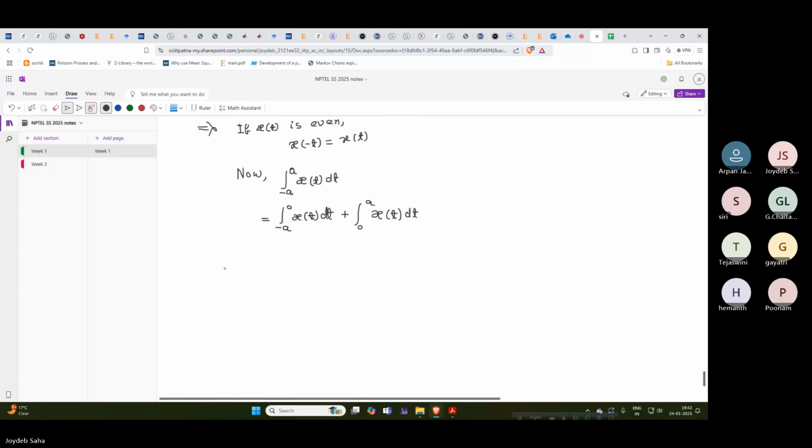Okay, now consider or take t is equal to minus lambda. So dt is equal to minus d lambda.